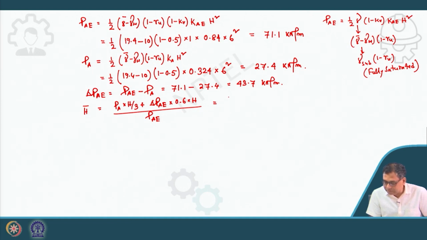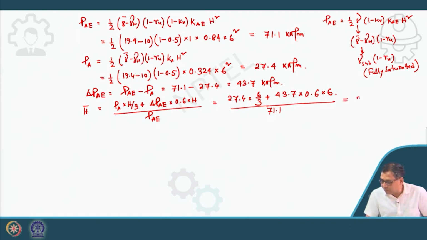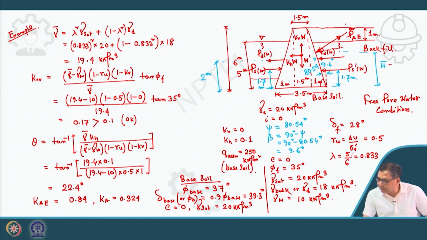So PA is 27.4 into 6 by 3 plus del PAE is 43.7 into 0.6 into 6 divided by the total force, that is 71.1. So that is equal to 2.98 meter. So this H bar is 2.98 meter.